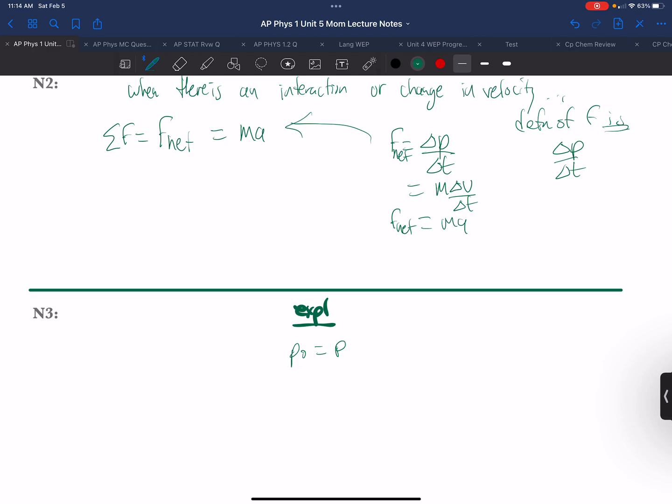So, if we have two bodies exploding apart from each other, the initial momentum is 0, and so the final momentum must be 0. But if we have two bodies, body 1 and body 2, with momentum 1 and momentum 2, they now have momenta. And for this to be true, the momenta must be equal and opposite to each other.